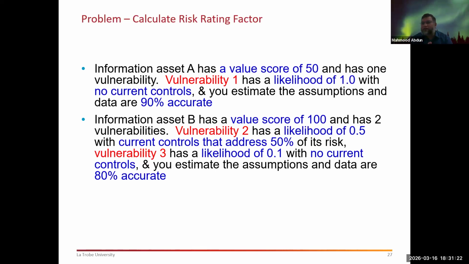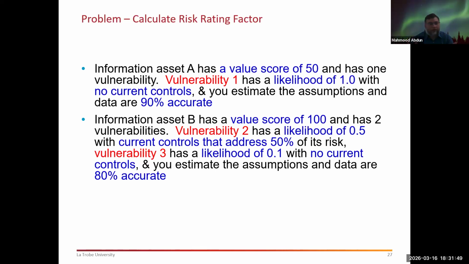So here is an example of information asset A has a value, that means asset value of 50, okay, and has 1 vulnerability. How many vulnerabilities of information asset A? Just 1 vulnerability. And the chances of that vulnerability being exploited is 100%, a likelihood of 1.